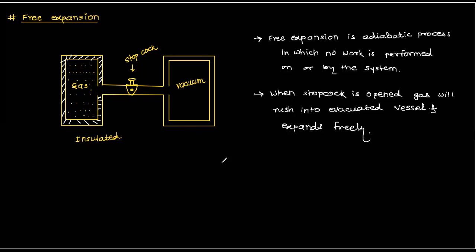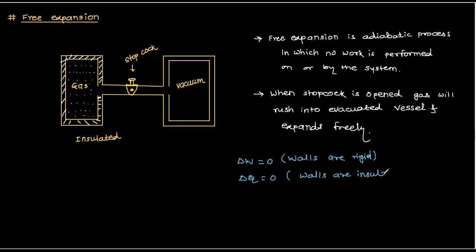Now, in this process, what is happening? See here, delta W is equal to 0 because walls are rigid. Because walls are rigid, so no work done. Next one, delta Q is equal to 0. Heat supplied is also equal to 0. Why? Because walls are insulated, so there is no heat exchange.